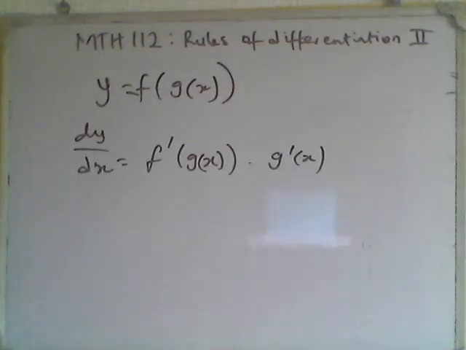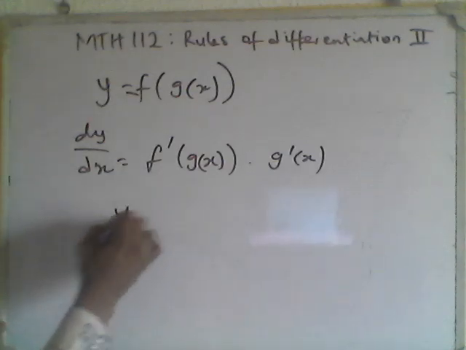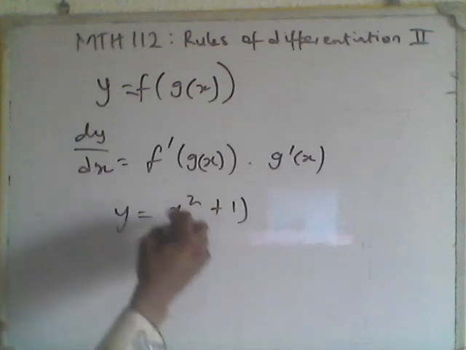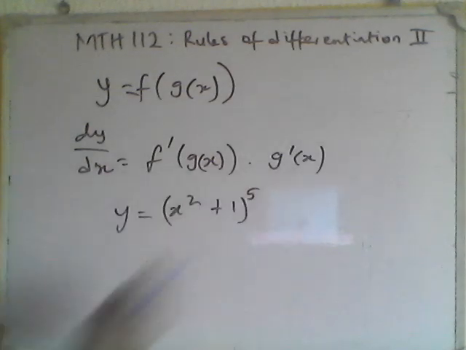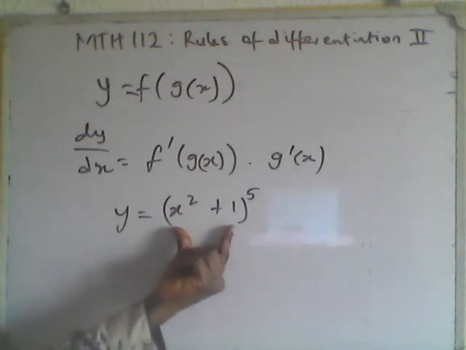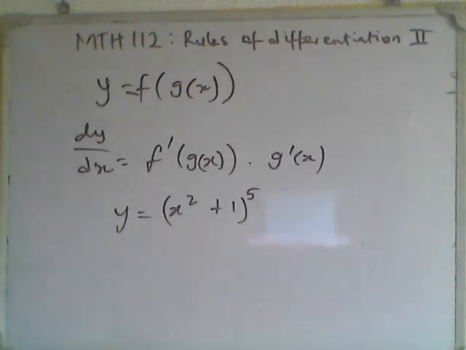So let's just do a practical example. If we have y equals x squared plus 1, all raised to the power 5, like this. First of all, this is defined as a function where the function inside is this quadratic expression here. Let me call it u.